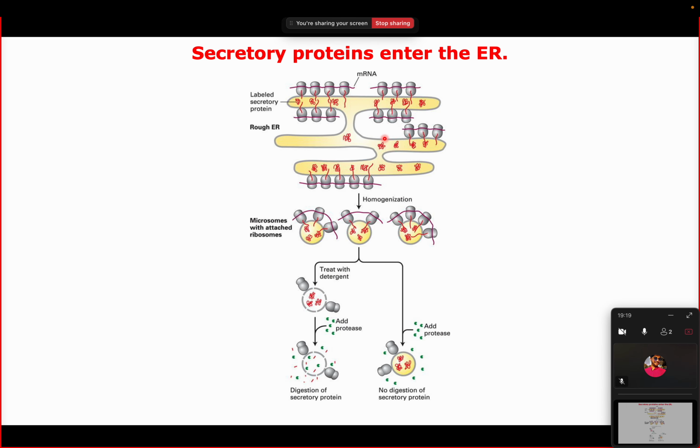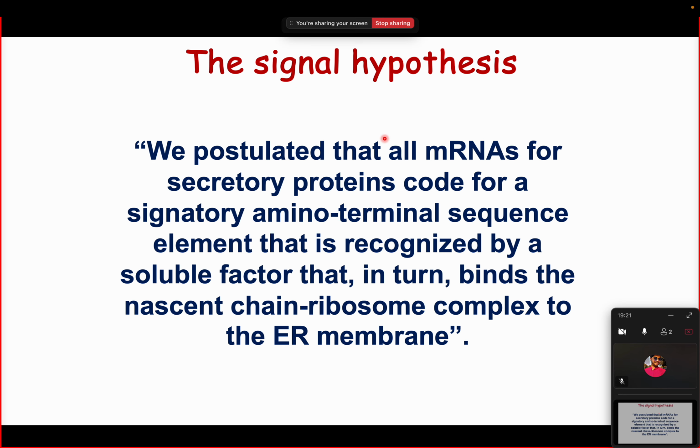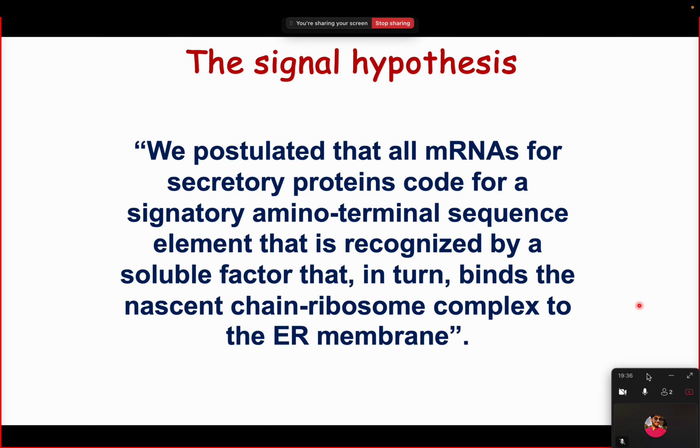Right? So now as we understand this hypothesis, we postulated that all mRNAs for secretory proteins. Here secretory proteins means the proteins which are being sent towards the ER. Correct? So Palade and Blobel said that we postulated that all mRNAs for secretory proteins code for a signatory amino terminal sequence.